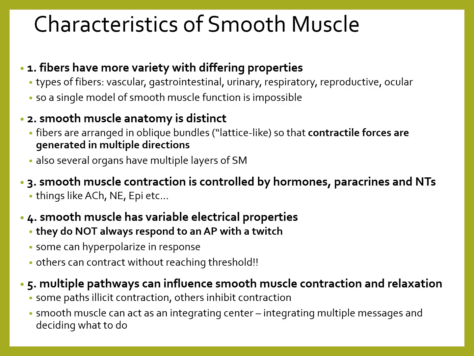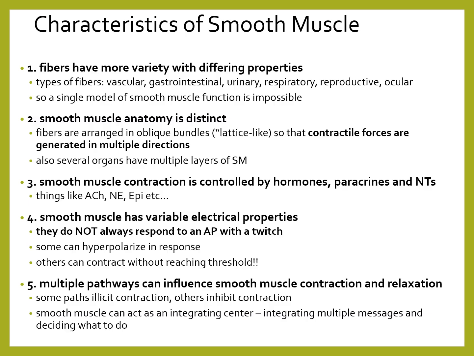With the parallel arrangement of skeletal muscle, they contract basically in one plane. Smooth muscle has to be able to contract in multiple planes. Also, if you think about it, there are numerous organs in our body that have multiple layers of smooth muscle. So added on to that, that gives basically our organs the ability to contract in multiple directions, often at the same time.